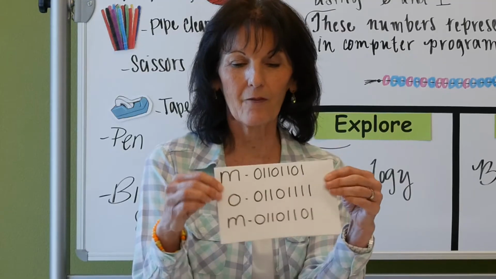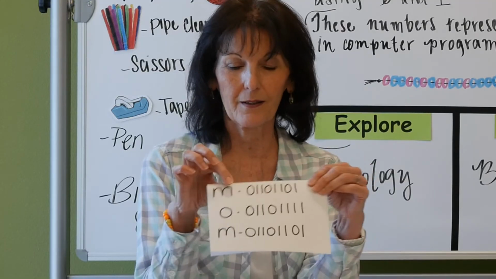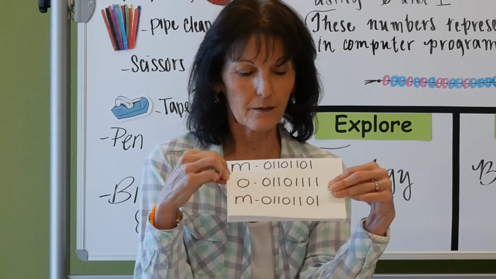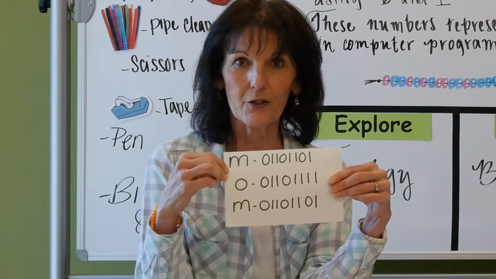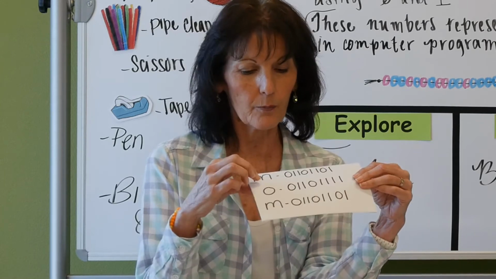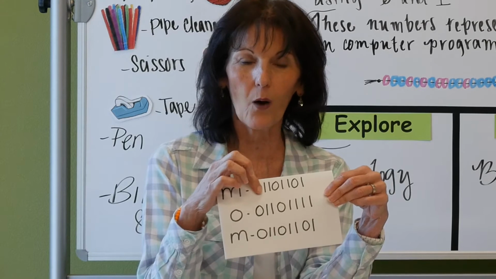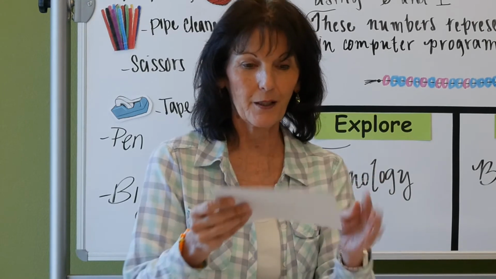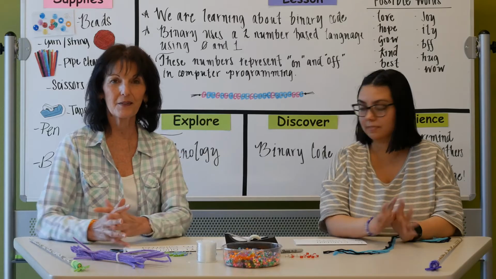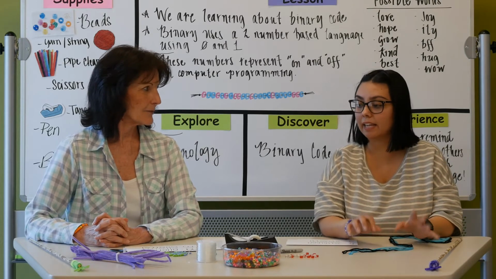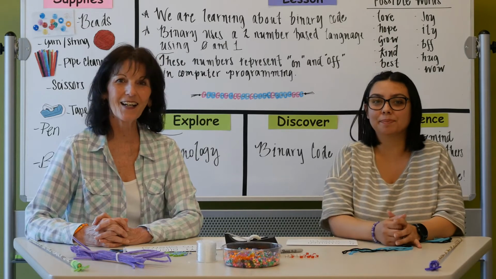As you can see, I have my codes written out also, 8 bits for each byte. And I will choose green and blue beads to do that. My blue beads are going to be the 0, green beads are going to be 1, and we will be ready to put those together. Now that we have all our supplies ready, we can go ahead and get started in making the bracelets.